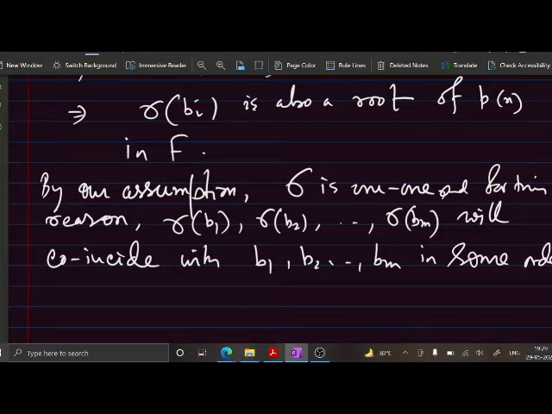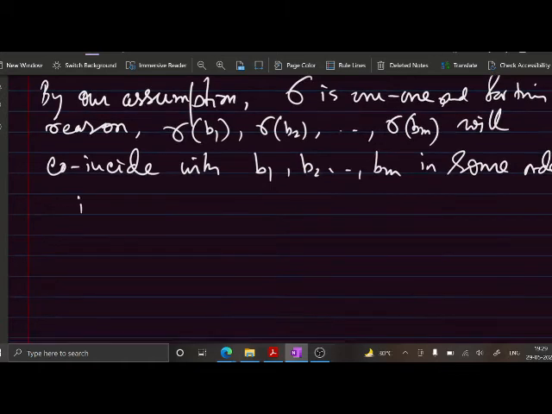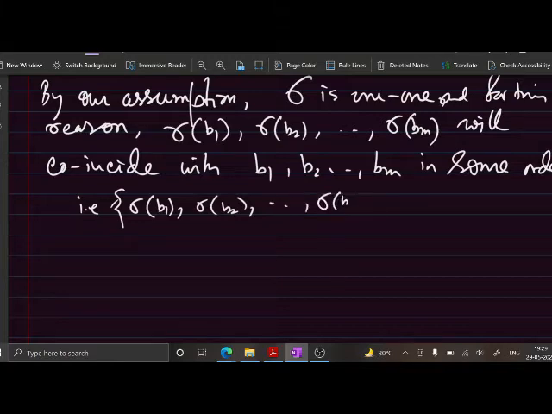Suppose sigma b1 is some bi1, sigma b2 is some bi2, so that is, these two sets are same.